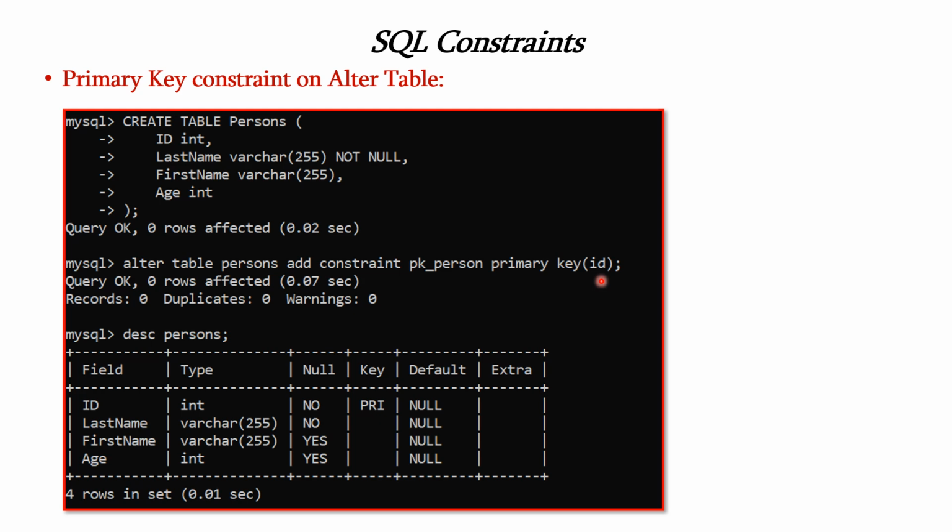So here for ID we are enforcing the primary key, and once this statement is executed, we can see the primary key for the ID under the Key column. So this is done using the ALTER statement. So if we forget to create the primary key during table creation, we can enforce it using the ALTER TABLE command. And later if we want to drop this constraint, we can drop it by using DROP CONSTRAINT since we have given the constraint name here.